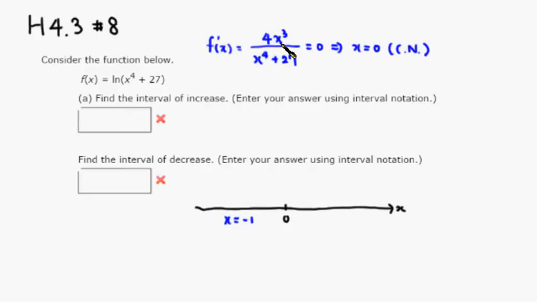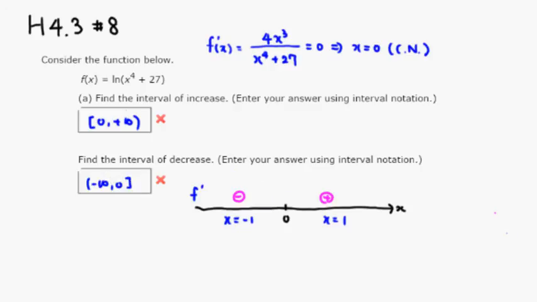If you plug in -1 cubed, that's negative, so we have a negative sign there for the derivative f prime. And if x is positive, like x equals 1, the derivative is going to be positive. So the interval of increase is from 0 to infinity, and the interval of decrease is -infinity to 0.